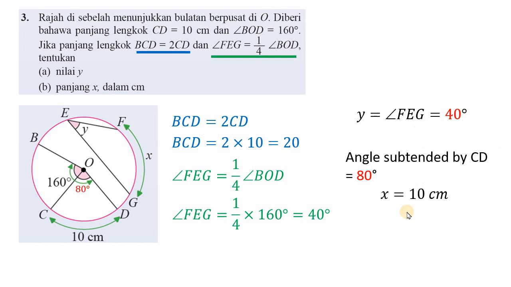We know already the angle on circumference is half of the angle on center. So the angle y and the angle 80 are subtended by the same length arc. So directly I know the length of FG, that is the value of x, is 10 centimeters. This one applies the concept that the angle on center is twice the angle on circumference.